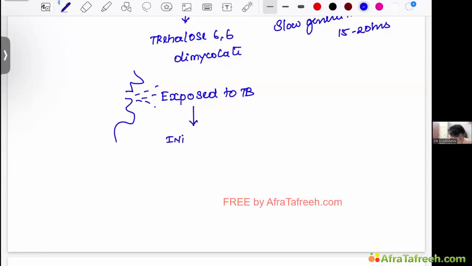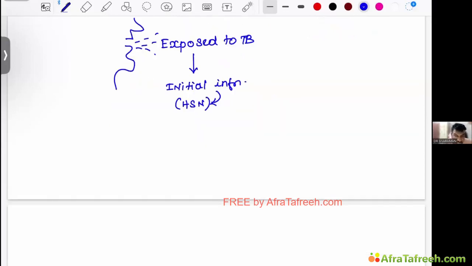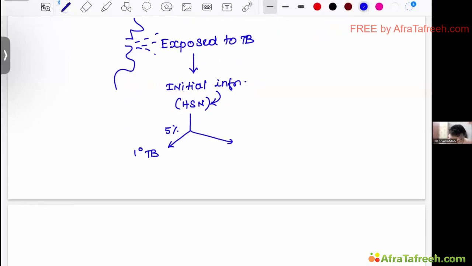That initial response is going to be a hypersensitive reaction to the TB bacilli, and out of these persons, 5% are going to present as primary TB, and 95% are going to be latent TB.